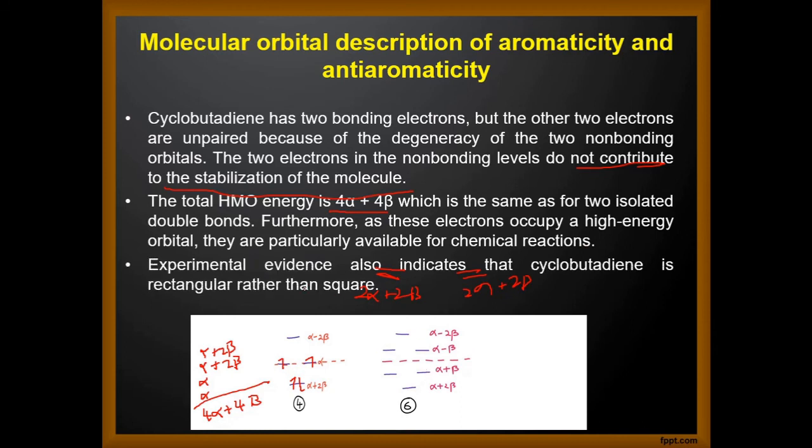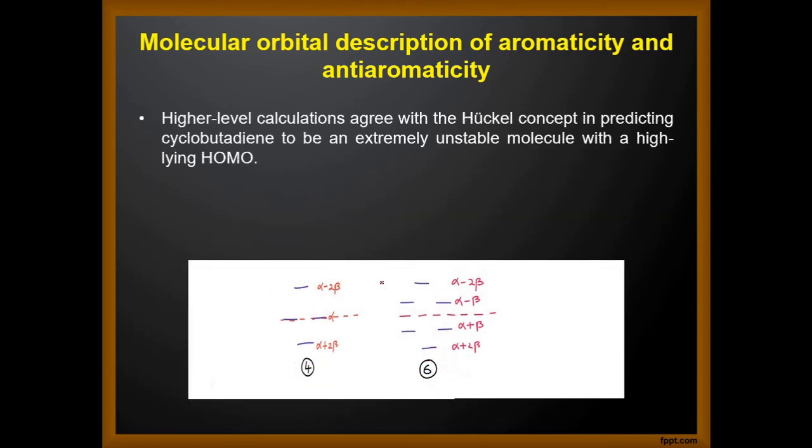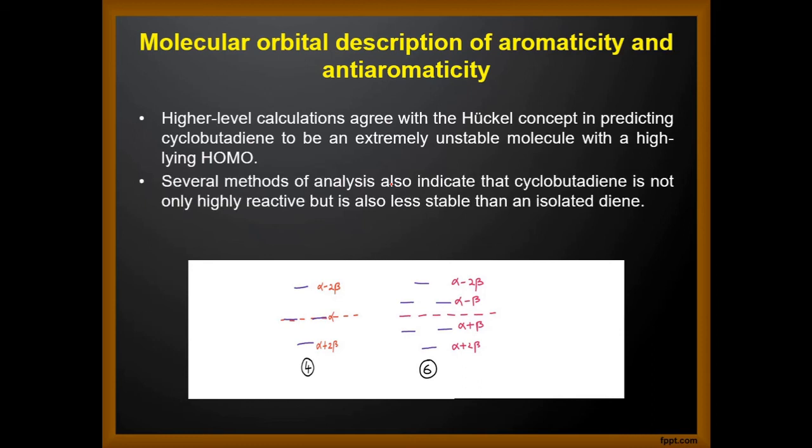Now, experimental evidence also indicates that cyclobutadiene is rectangular rather than square. On the other hand, higher level calculations agree with the Hückel concept in predicting cyclobutadiene to be an extremely unstable molecule with a high lying highest occupied molecular orbital.